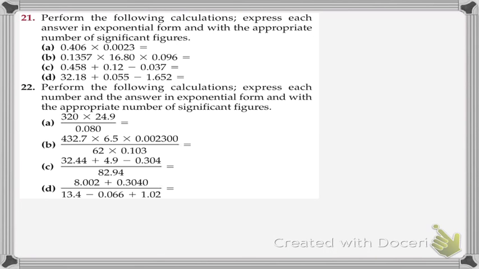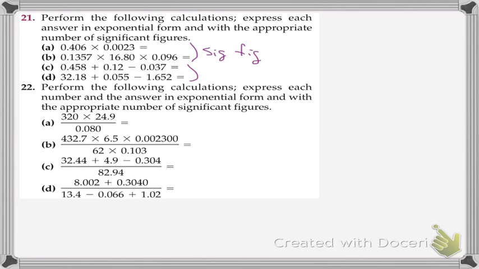Perform the following calculations. Express each answer in exponential, that's scientific notation, with the appropriate number of significant figures. It looks like the first two, A and B, are both multiplication. Not too bad, right? So we round according to sig figs. How about these?